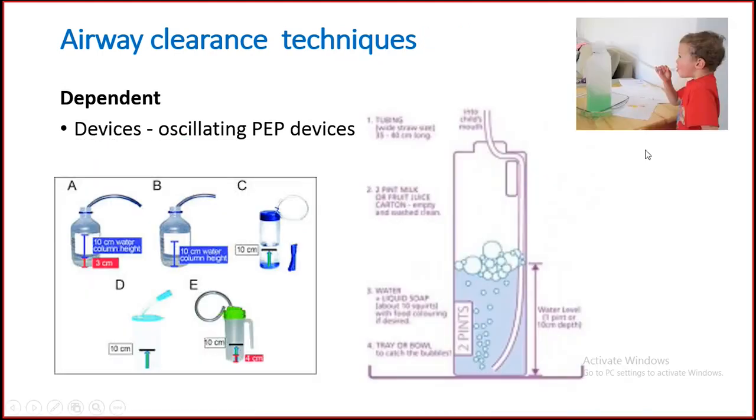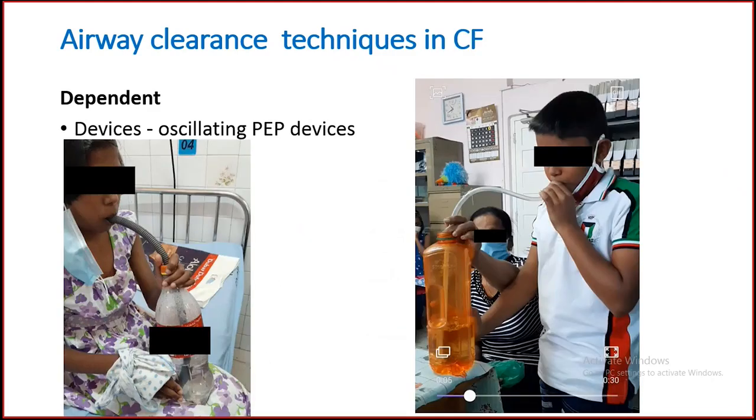But for small children, we can use a little soap water, and then we can ask them to blow bubbles. But the only thing is, small children should not aspirate this. They should blow through this, but they should not inspire through the mouth through this. So because of that we cannot use this device in very small children.